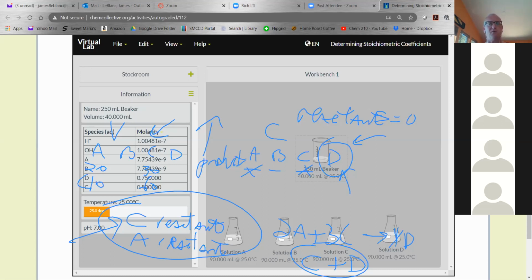For each reaction, obviously, you want a new beaker. You don't want to have that other stuff in there. Yeah, you can just right click and say remove and then add another one. Or I think you can right click and just say empty. Oh, okay. Either one.